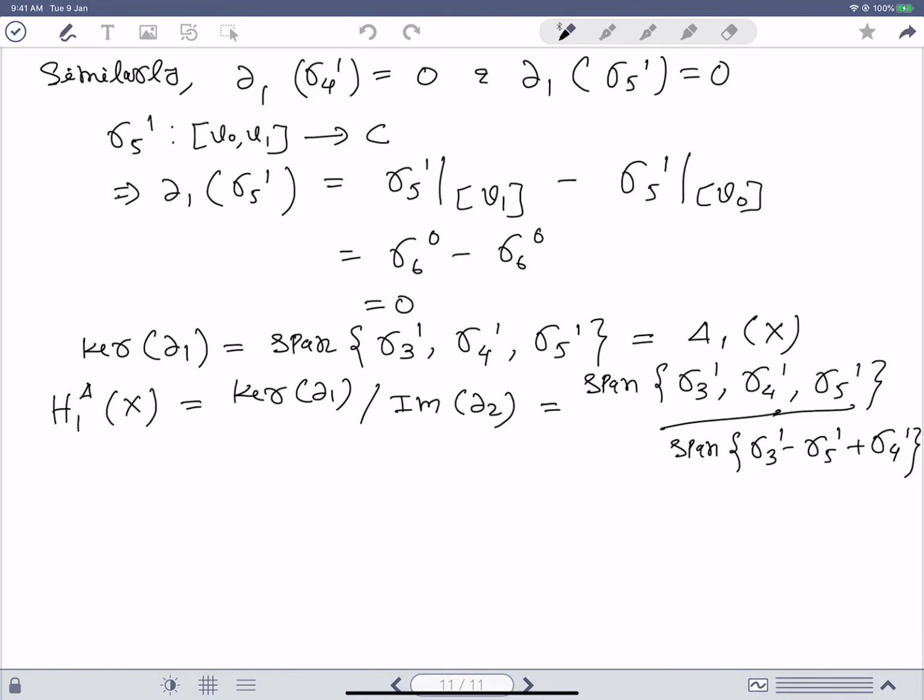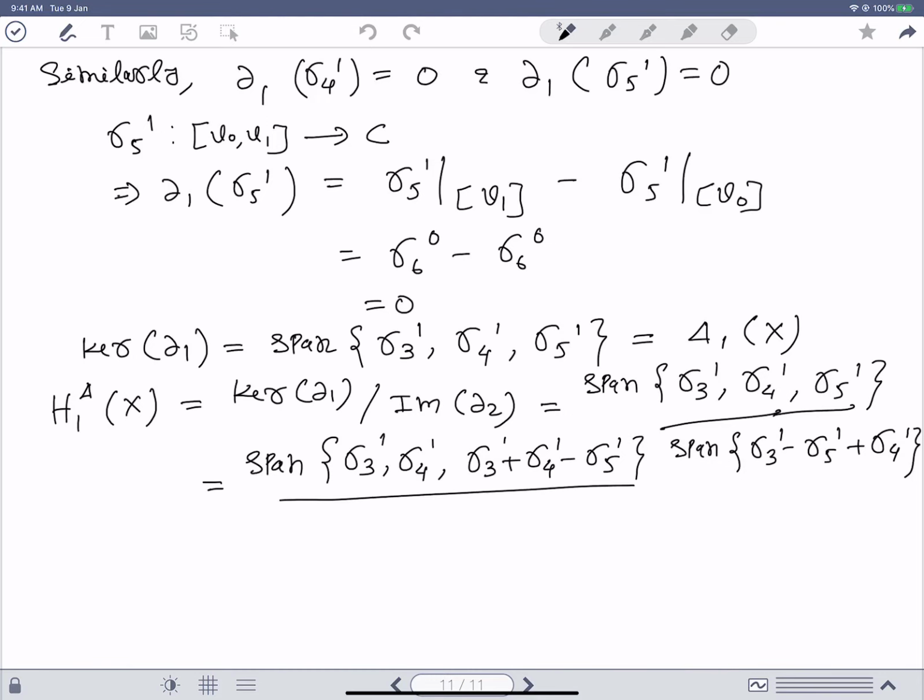Now note that here we can change the basis. So instead of this one we can write it is the span of sigma 3, sigma 4 and sigma 3 plus sigma 4 minus sigma 5. You can check that. Okay, and the quotient with the span of sigma 3 1 plus sigma 4 1 minus sigma 5 1.